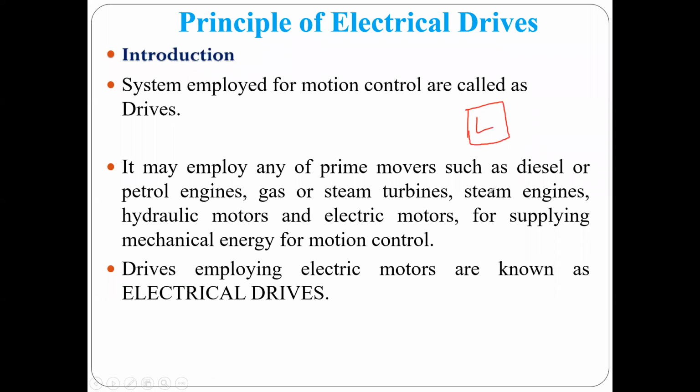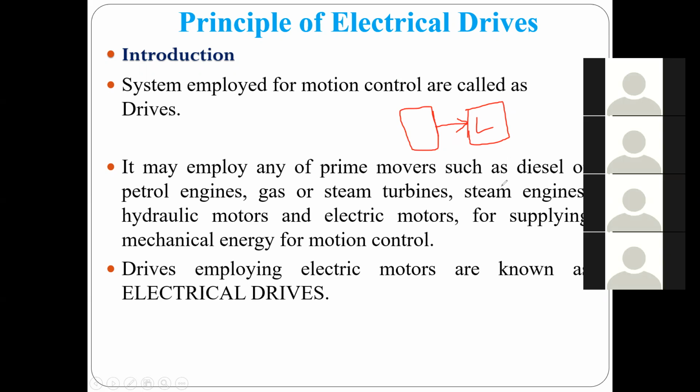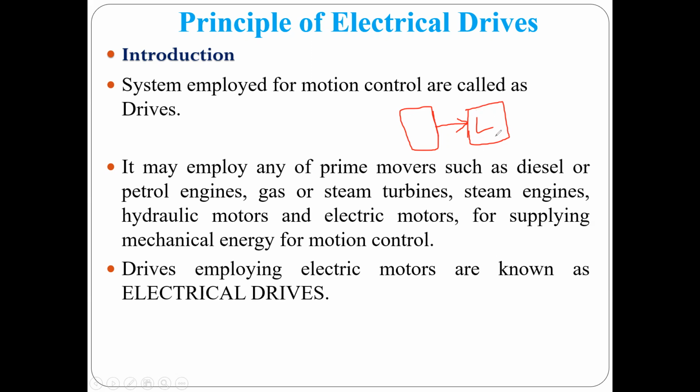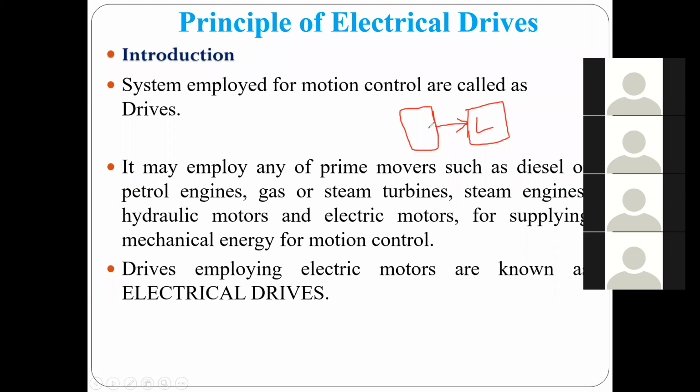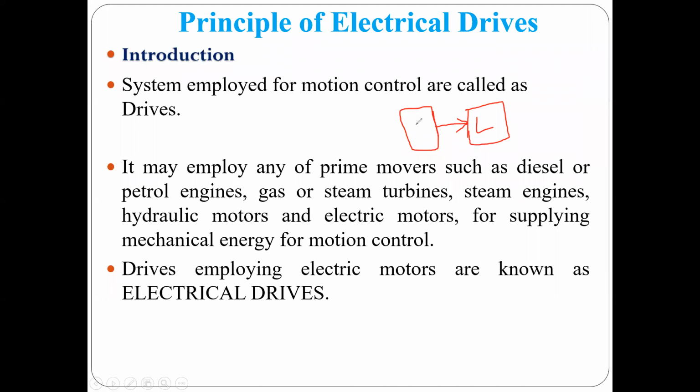This load is running with the help of prime movers such as diesel or petrol engines, steam turbines or steam engines, hydraulic motors or electric motors. For operating or running this load, we are using some prime movers such as diesel engines or petrol engines, steam turbines or steam engines, hydraulic motors or electric motors. Is it clear?